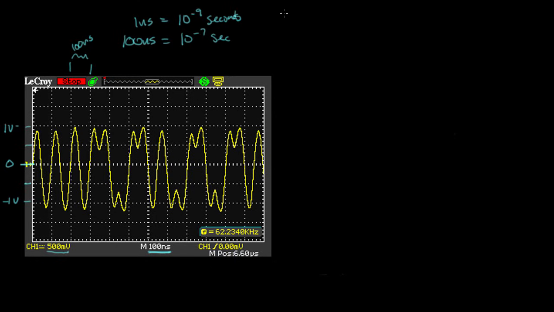Another way to look at this is that 100 nanoseconds is 1 over 10 to the 7 seconds, or 1 over 10 million seconds, or 1/10,000,000th of a second. Basically, each of these divisions is 1/10,000,000th of a second, or in other words, you're going to have 10 million of these divisions per second.